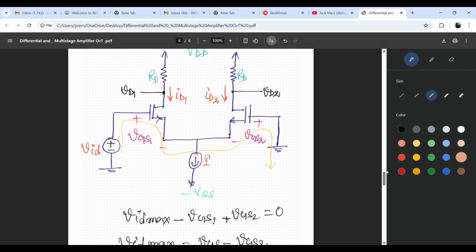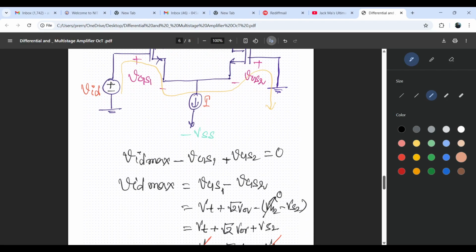Now see, from here also you can find the value of VID max: VID max minus VGS1 plus VGS2. Is it okay? This line is just Kirchhoff's voltage law applied in this loop. Then VID max equals VGS1 minus VGS2.